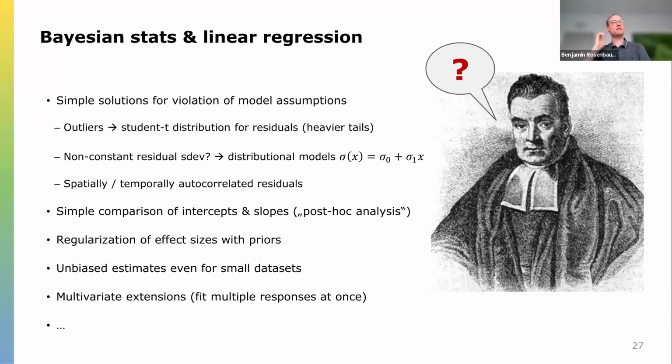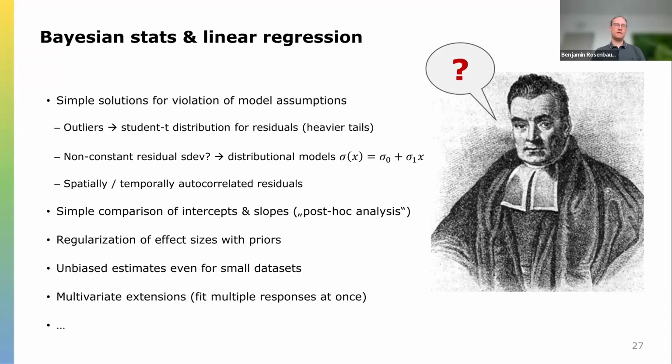But one thing I want to emphasize is if you have small data sets, so if you just have 10 data points, I would always prefer a Bayesian analysis over a frequentist analysis, because you are sure that the uncertainties and the probabilities are correct with Bayesian statistics, whereas in frequentist statistics, just with 10 data points, you can never be sure if your confidence intervals or the p-values are estimated correctly.